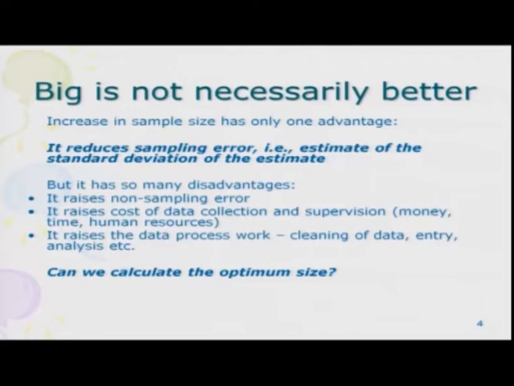Then a large sample also raises cost of data collection and supervision, money, time, human resource. So, you have to compromise with the quality of researchers or interviewers, field workers. You cannot hire graduate economists, sociologists, political scientists for collecting data. You will not have so many, and for the money that you pay for collecting data.